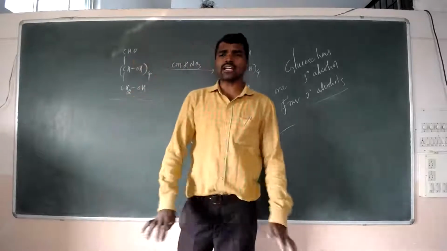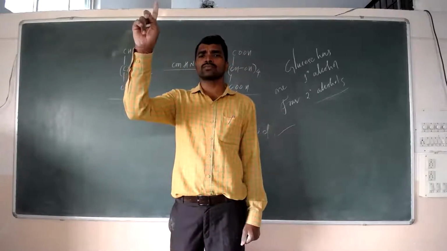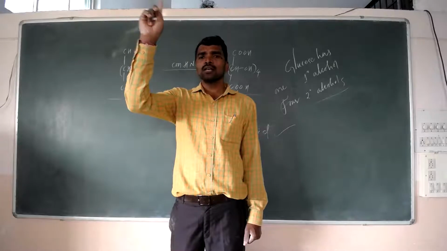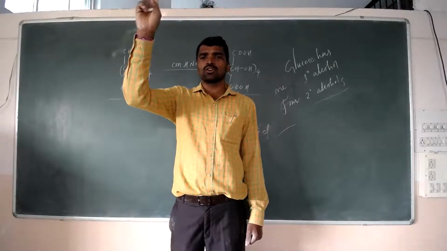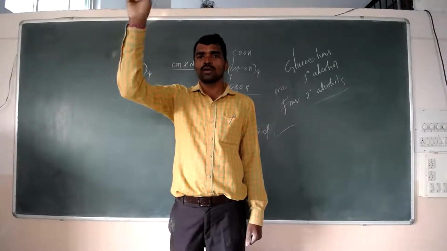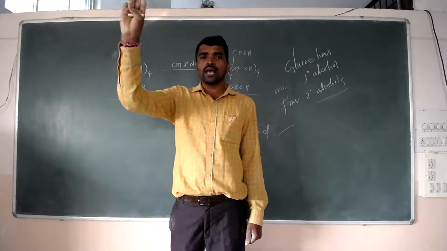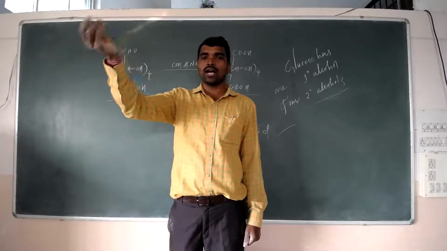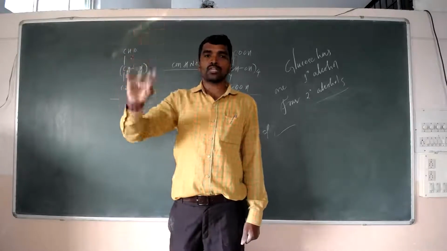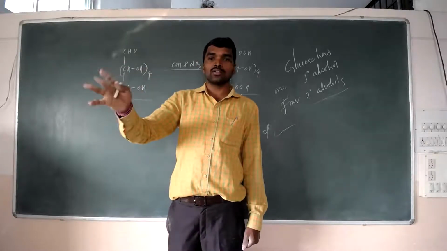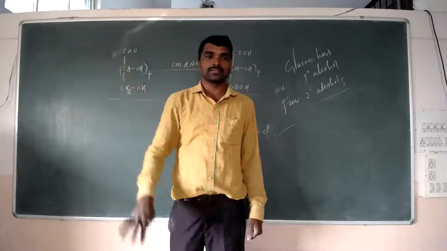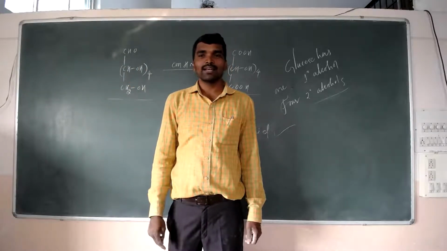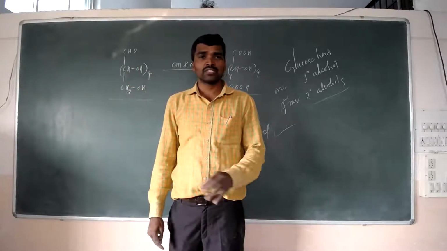By all these reactions we confirmed: first reaction, glucose has 6 carbons. Second reaction, glucose has 1 carbonyl functional group. Third reaction, glucose has 1 aldehyde functional group. Fourth reaction, glucose has 5 alcohol functional groups. Fifth reaction, glucose has 1 primary alcohol and 4 secondary alcohols. Okay, these are the reactions for the structural elucidation of glucose.